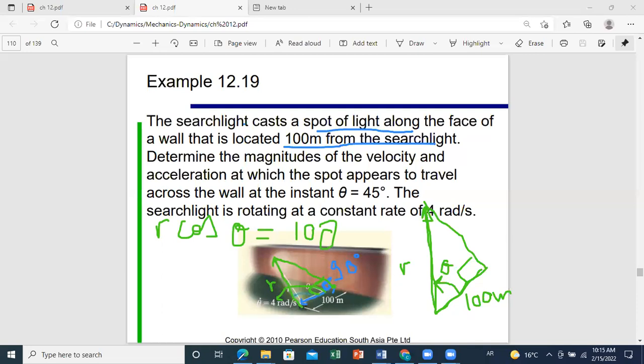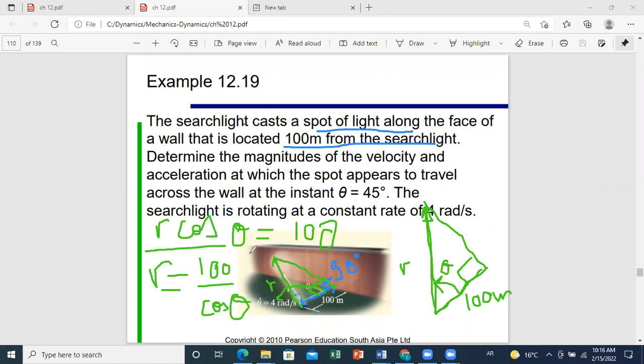And please remember, as I told you before, always derive the easiest form. Instead of writing now R equals 100 over cosine theta and deriving it, which will be a little bit complex, it will start with a simple derivative, and after it will become much more complex.